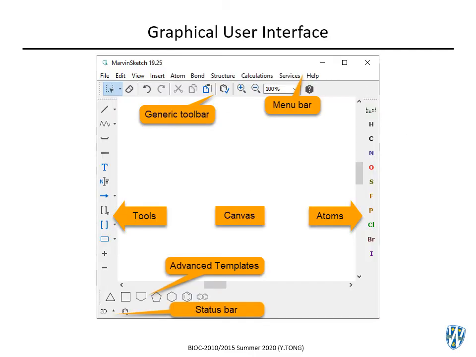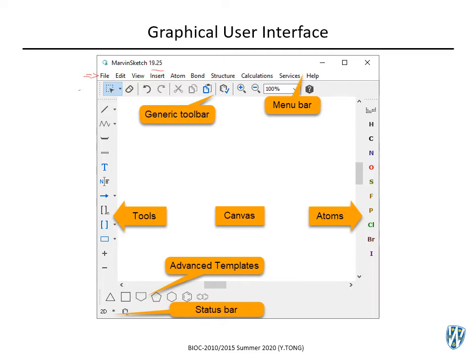Now, after you install this software and launch the program, you're going to see an interface like this. This one is version 19.25. The latest version is version 20 something, and basically, it's the same. On the top you have the menu bar, which you can click and it will show different options.